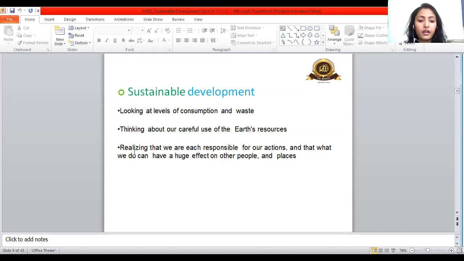Realizing that we are each responsible for our actions, and that what we do can have a huge effect on other people and places. We also need to realize that if we are throwing plastic in the garbage, that action needs a review. If I am throwing this plastic in the garbage, how is it affecting other people, animals, or places?